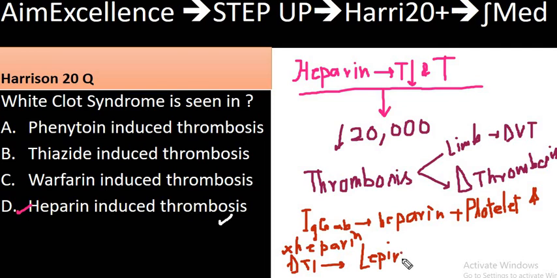And we should start warfarin only after the platelet count returns to baseline.